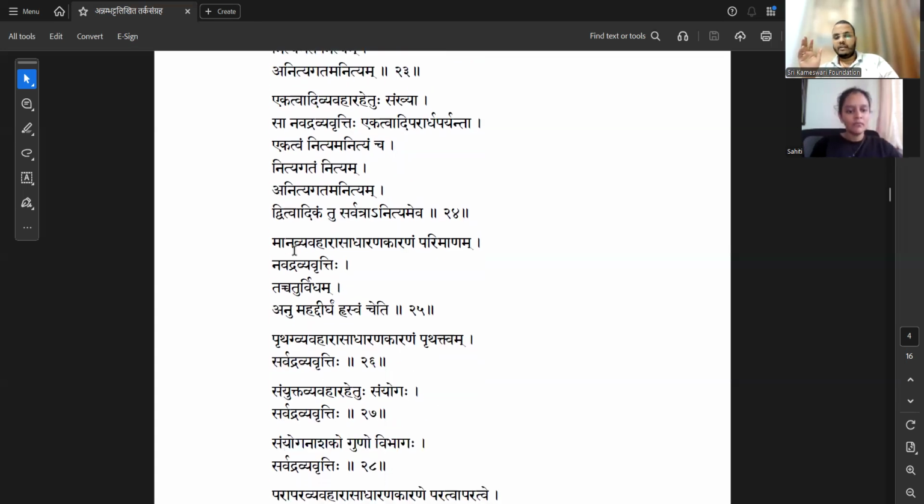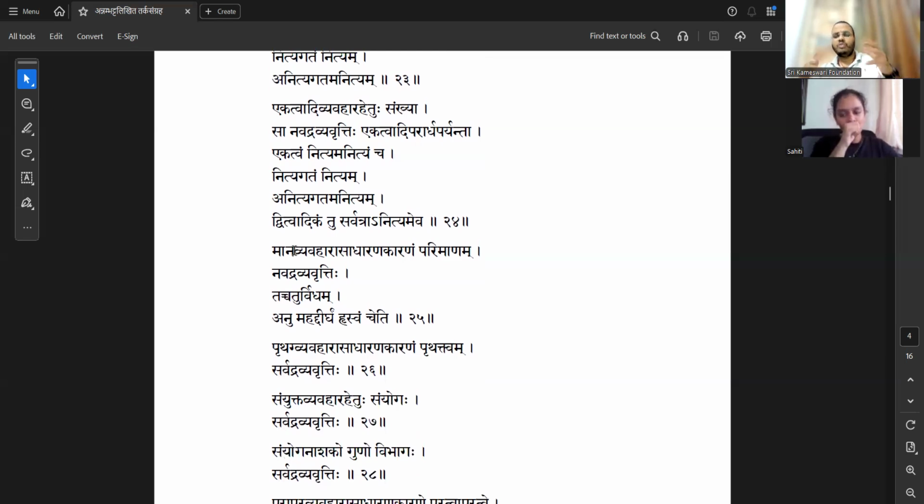There will be detailed ones in other areas, like Shilpa Sutras, where precision is needed. But here it is more like length, breadth and width.